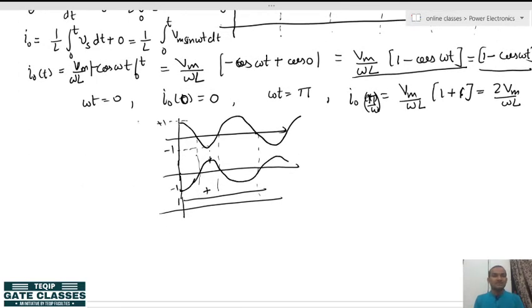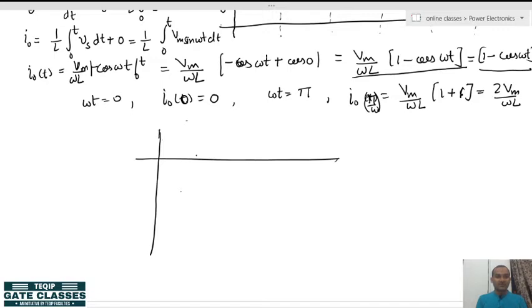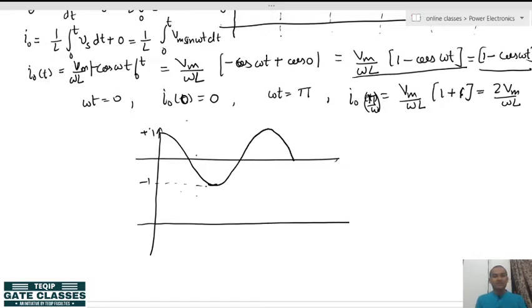Let me make it very clear, because this curve plotting is very important. If you have a problem with this curve plotting, then it will become very difficult. We know that the cosine wave is plotted like this, oscillating between +1 and -1, and the mirror image is like this.